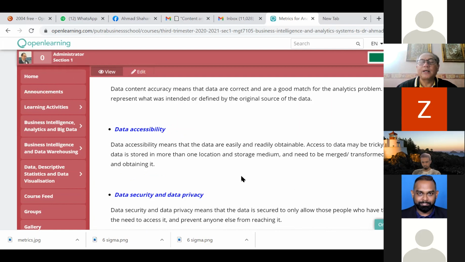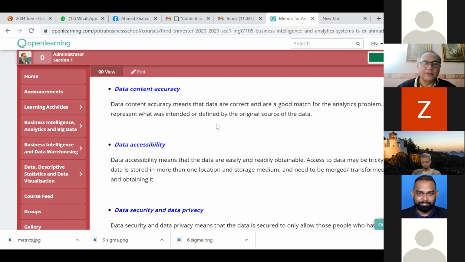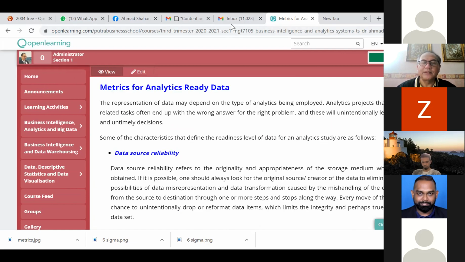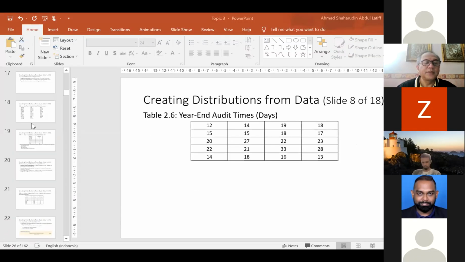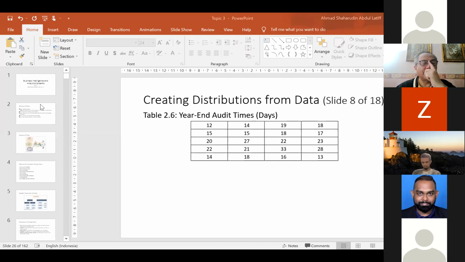That is this part, and the balance is in the slide. It is in topic 3 actually. I put up the notes. So we have covered most of it in the slide.